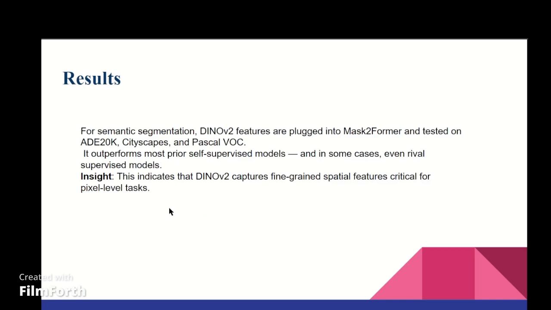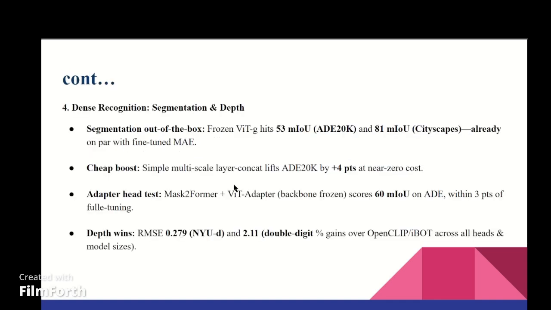So the key takeaway is for semantic segmentation, DINOv2 features are plugged into Mask2Former and tested on ADE20K, Cityscapes, and Pascal VOC, and it outperforms most prior self-supervised models. And the key insight is that it indicates that DINOv2 captures fine-grained spatial features critical for pixel level tasks.